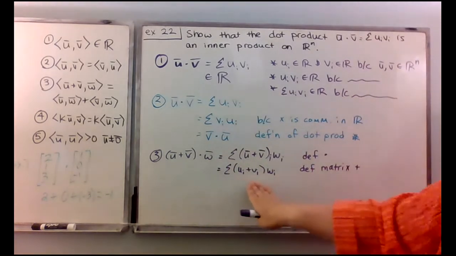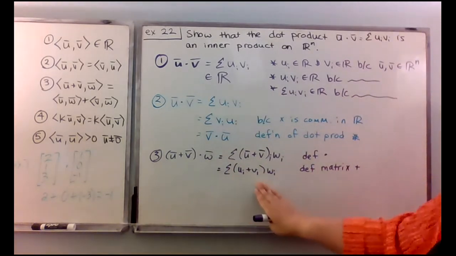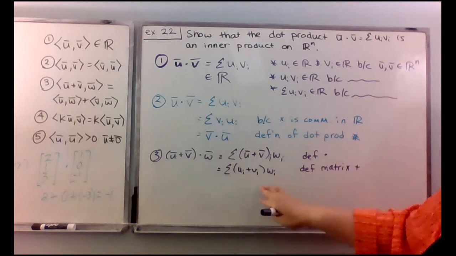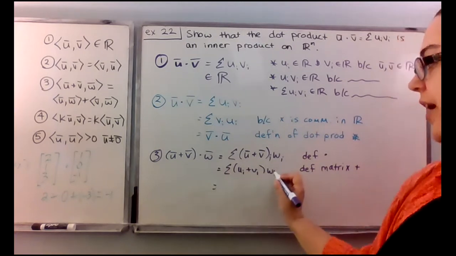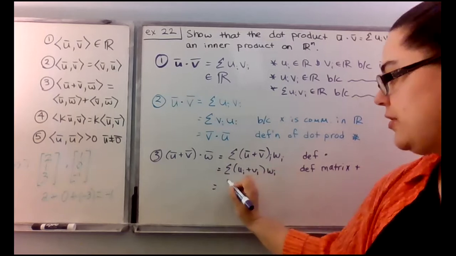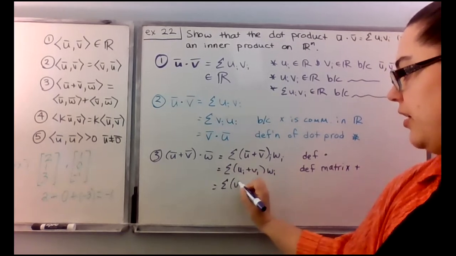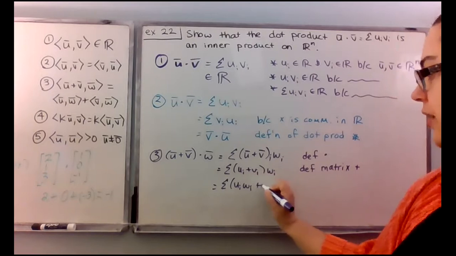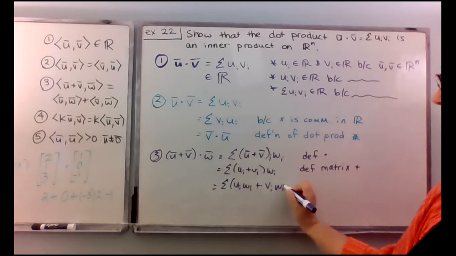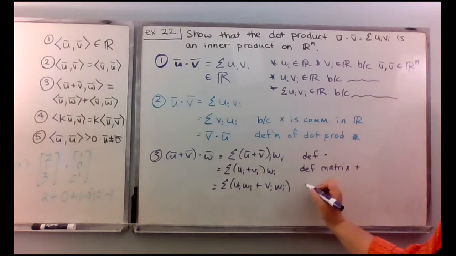And then these are all real numbers now. Since they don't have the bars over them, they're not vectors. These are just real numbers. So we can distribute wi to each of those. So this is the sum of ui wi plus vi wi. And this is our distributive property.